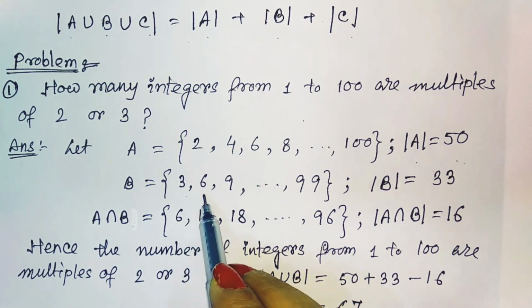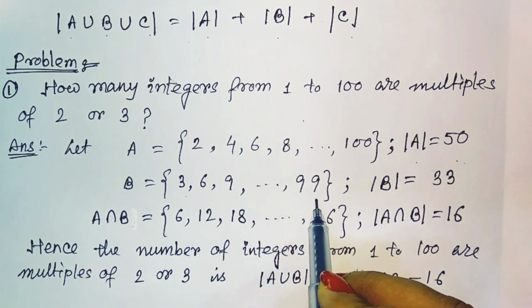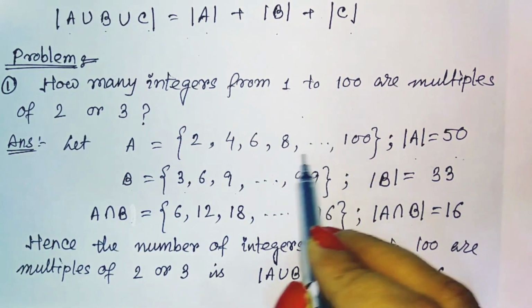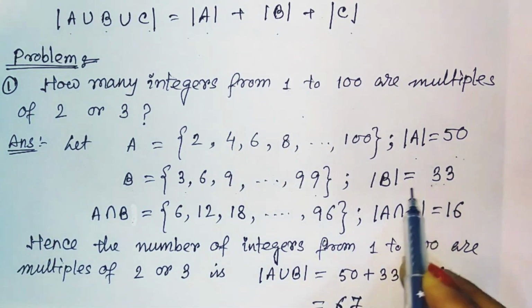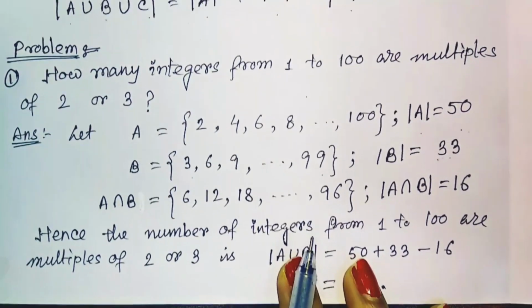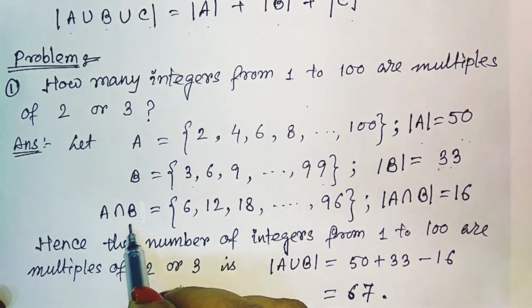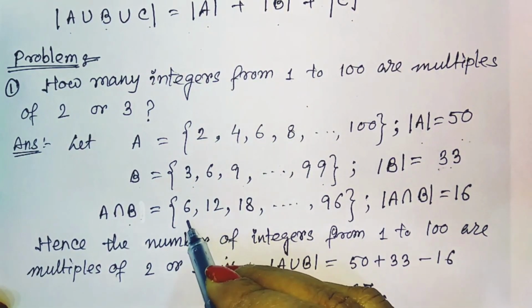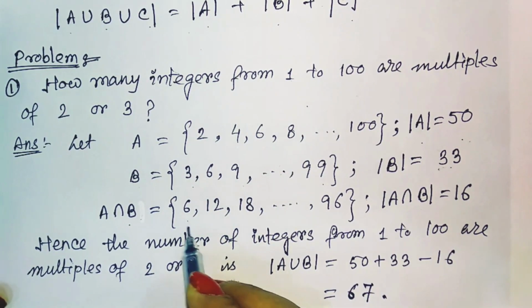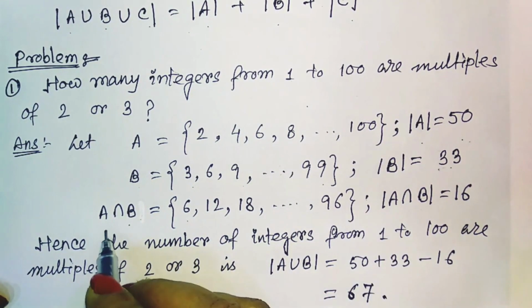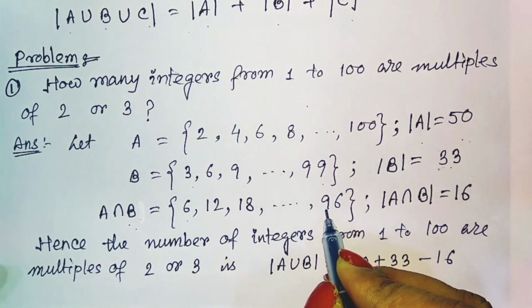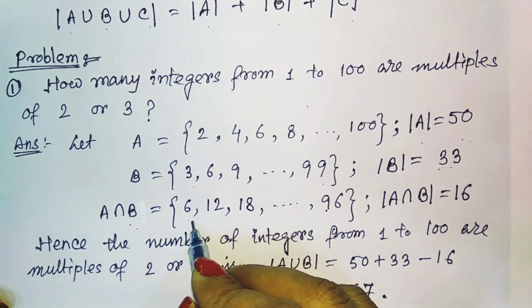So the elements are 3, 6, 9, in this way up to 99. And here 100 divided by 3 gives 33 as the whole number, so 33 elements are there in the set B. Now, one more set we are going to consider, that is A intersection B. That means the elements which are multiples of 2 and 3 both.